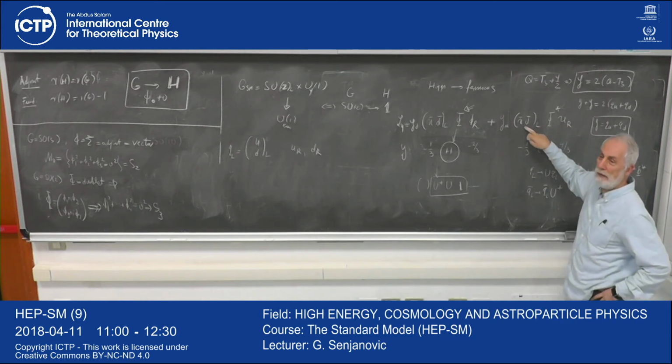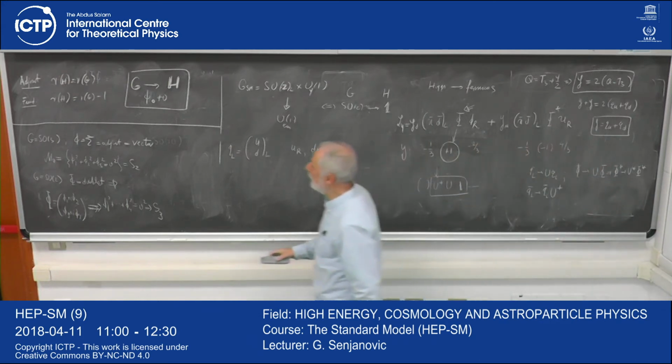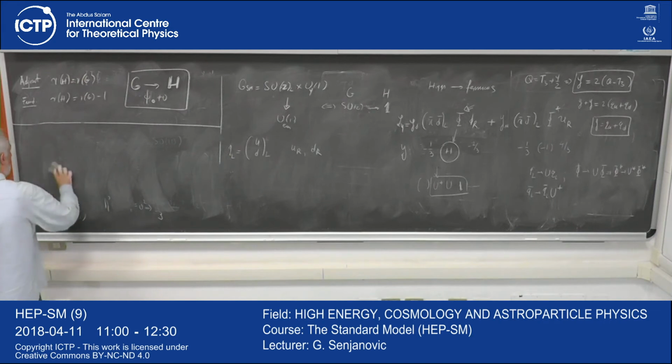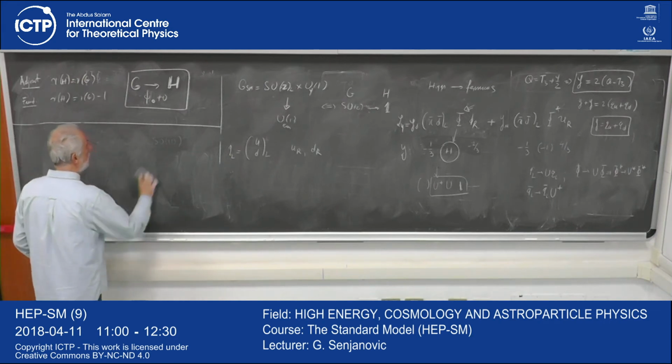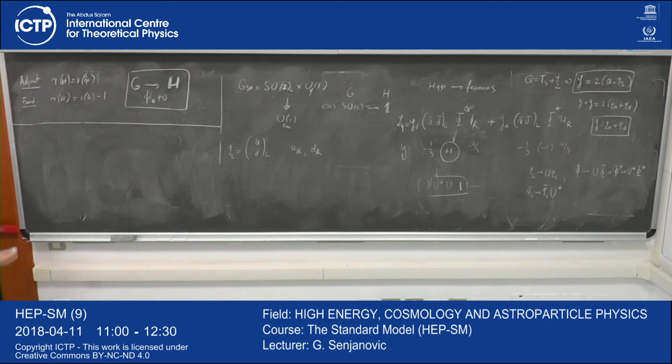This is an anti-doublet. Okay, a little lesson: the dilemma I have is similar to the following, and we had it in quantum mechanics before. If I have two doublets, let me use D for doublet.